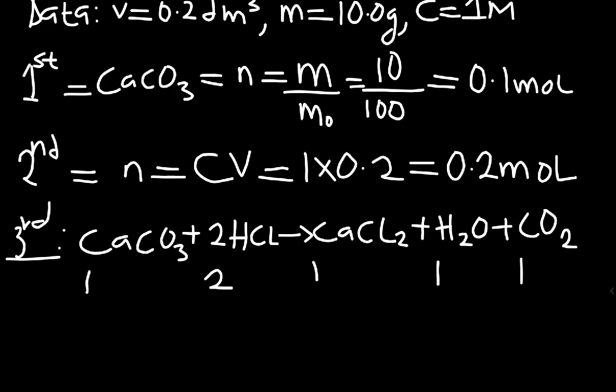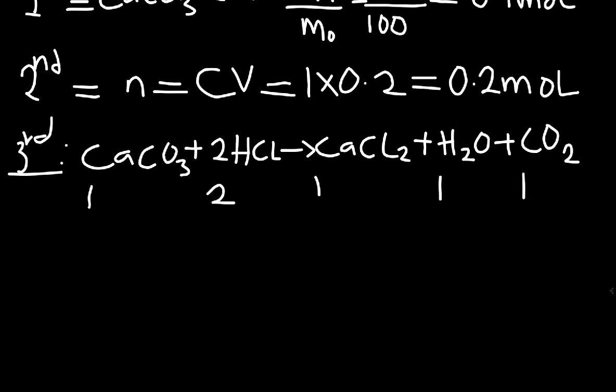Next, you compare the moles that we solved with the molar ratios here. Okay, so here's how we go about that. For calcium carbonate, we got 0.1, right? Then for HCl, we got 0.2.